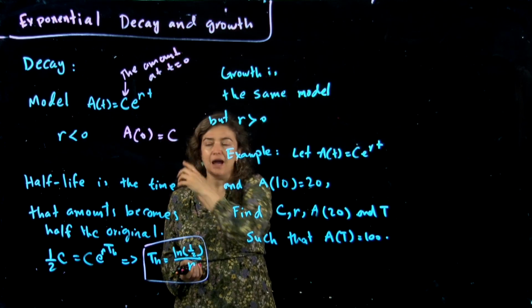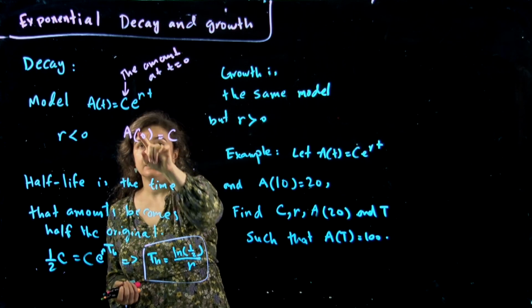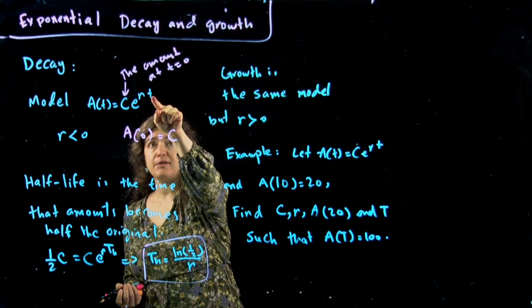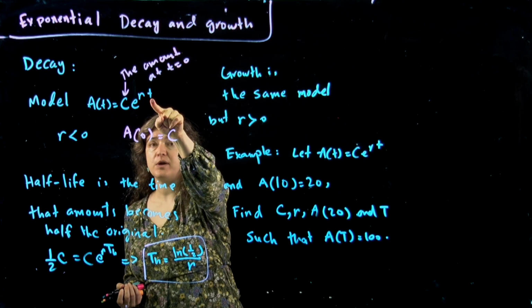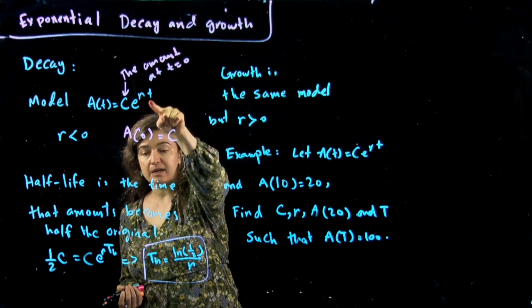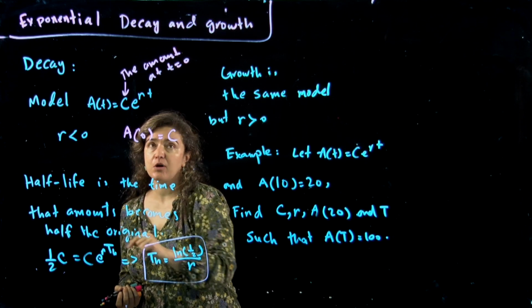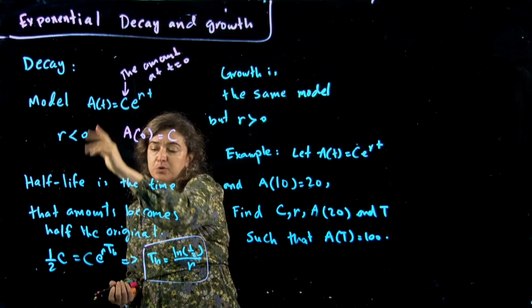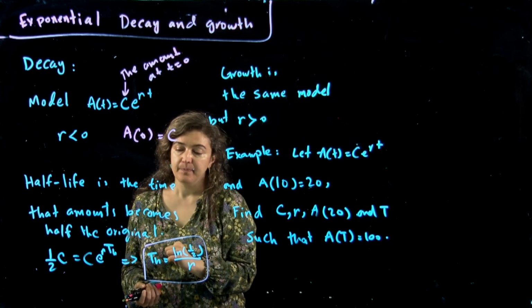And so now, if I plug in the half time into the equation, that would be c e to the power r t sub h, then the output should be 1/2 of c.